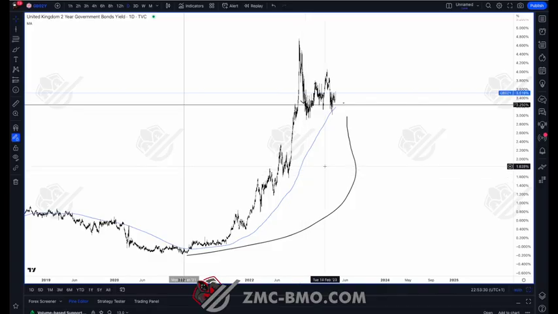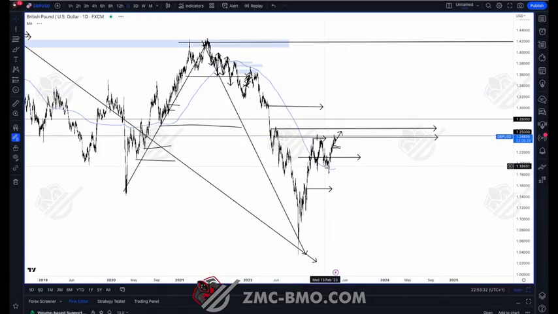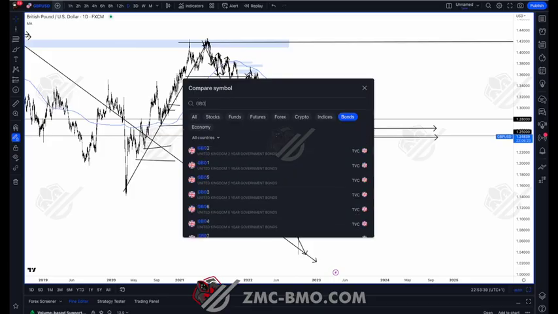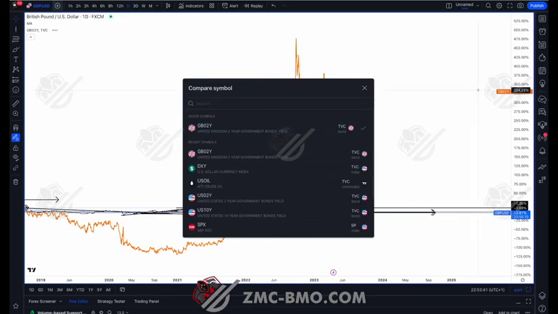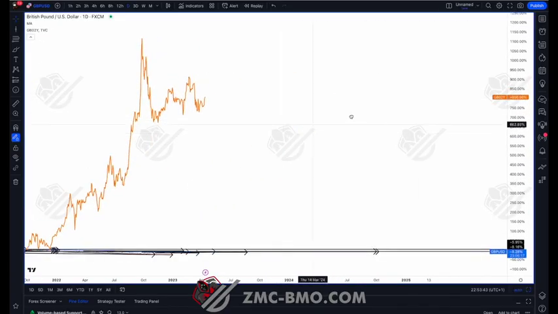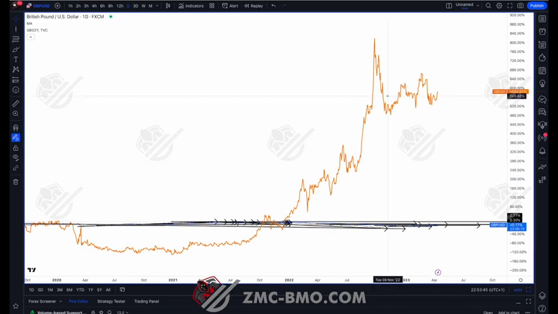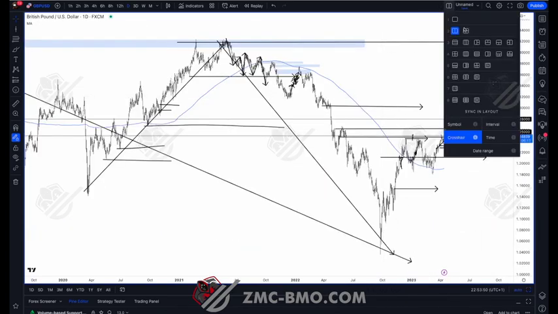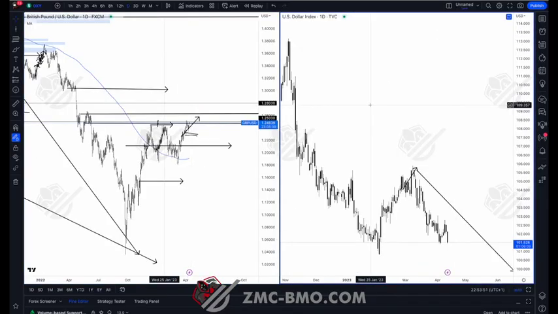So why didn't we see GBP/USD climb? You may have this indication here, whereby the yield on the bond has climbed, but the currency price has fallen.